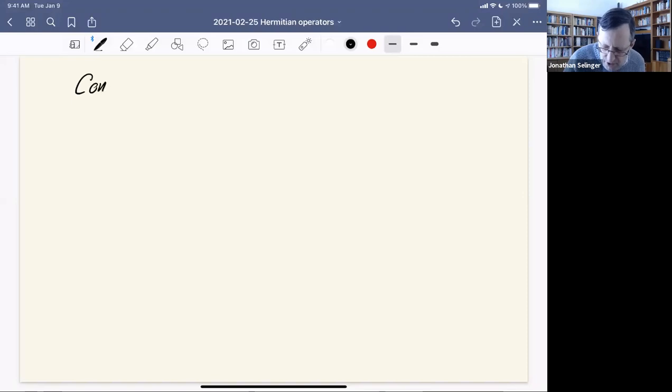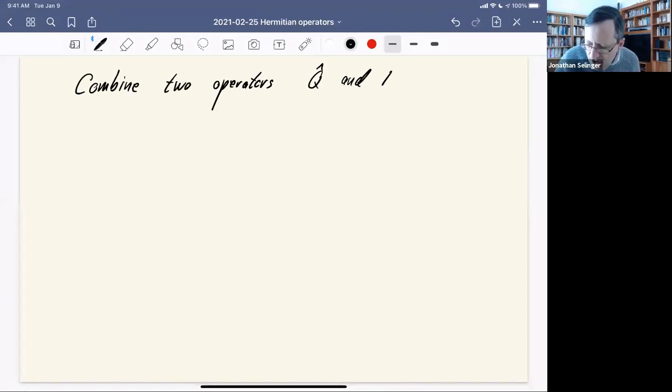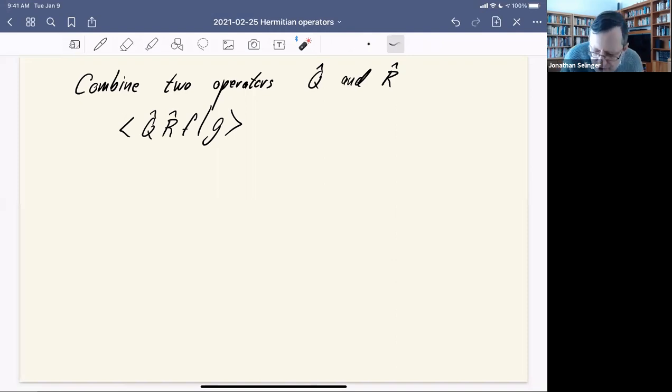So if we want to combine two operators, for example, let's call them Q and R. Suppose we want Q acting on R acting on F, and take the inner product of that with G. You remember, this is a notation that we used earlier in the semester.